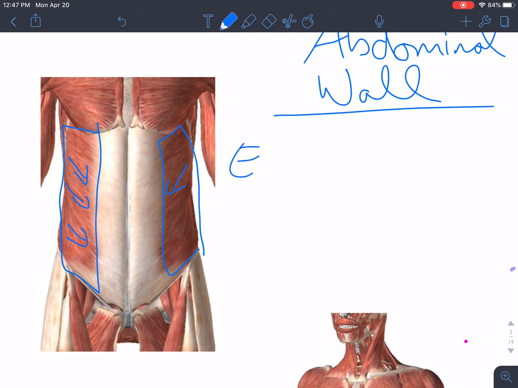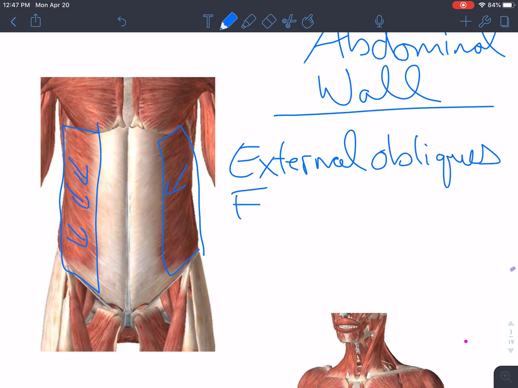These are your external obliques. Two functions here: it does flexion and rotation to the opposite side.